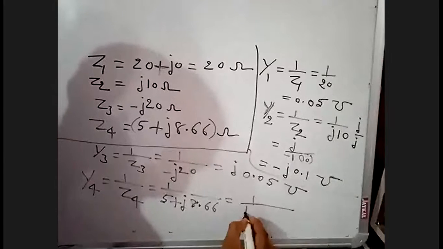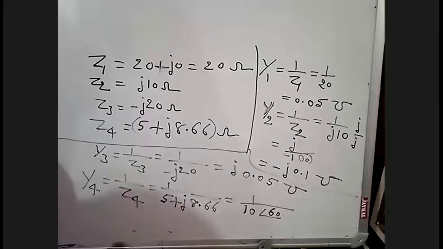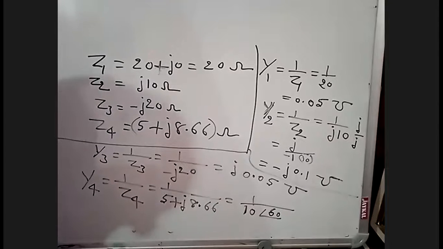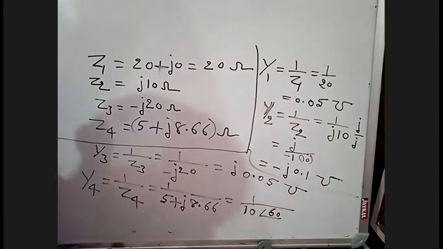How much you'll get? 10 at an angle 59.9. 59.9 means approximately 60 it is.